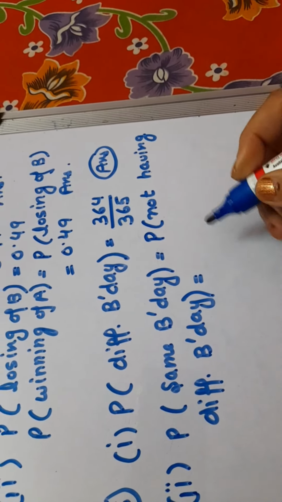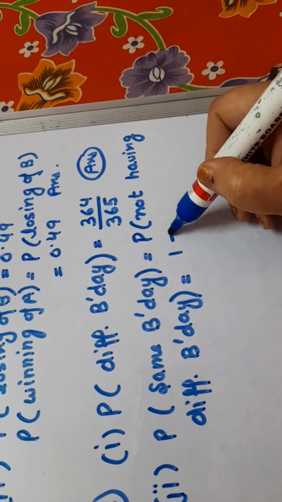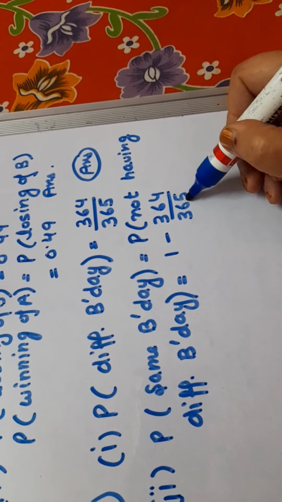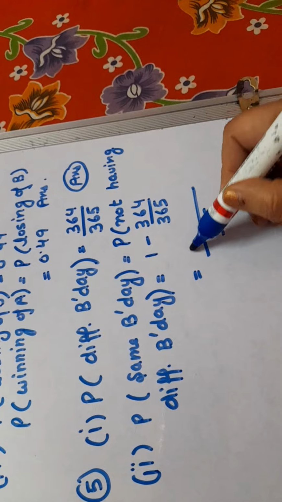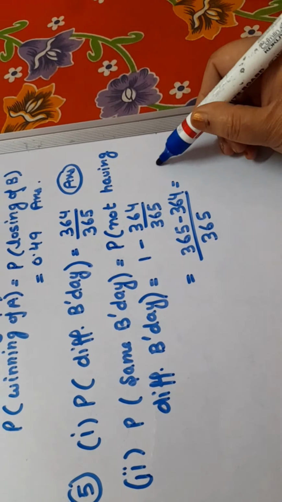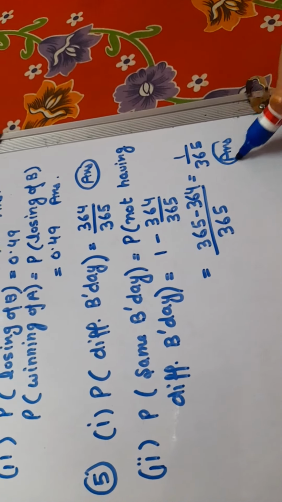So इसे find करने के लिए we will subtract probability of different birthday from 1. So taking LCM 365, our answer will be 1 upon 365. This is our final answer.